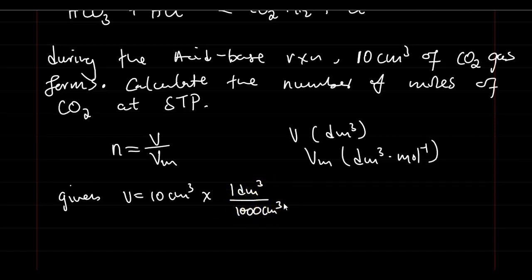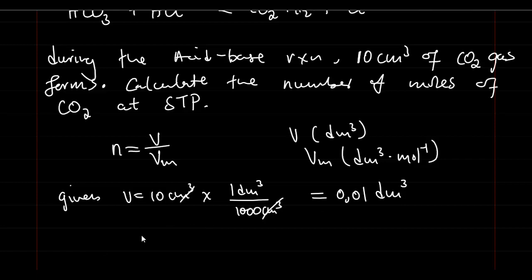The cubic centimeters cancel. So 10 divided by 1000, we have 0.01 dm cubed of carbon dioxide.